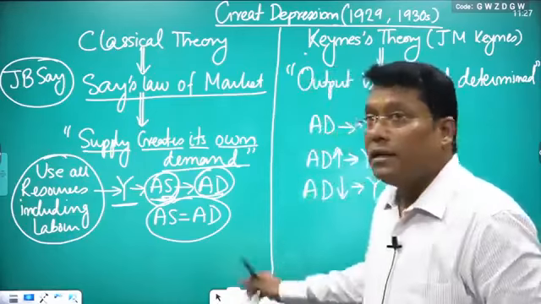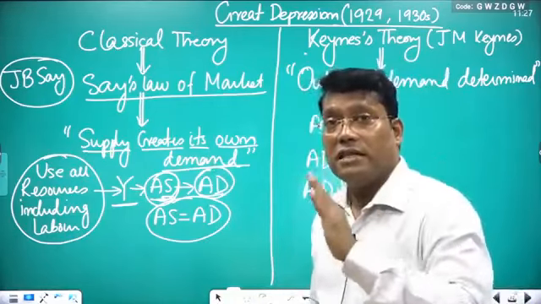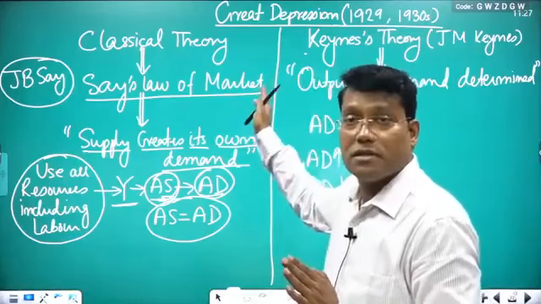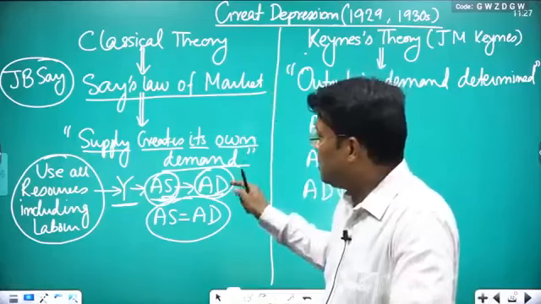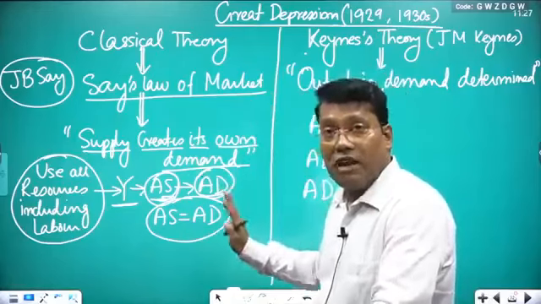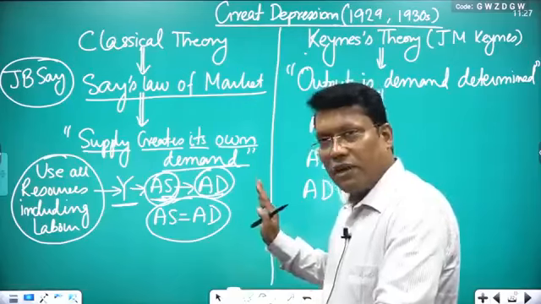Clear? This theory worked from the very starting till the Great Depression, before the Great Depression. You understand first. But during the Great Depression, this theory basically failed. Why?